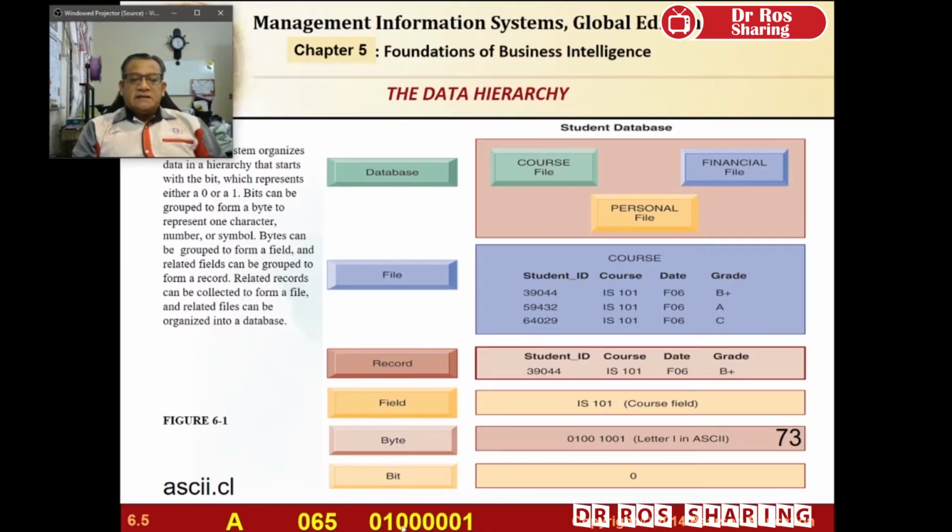It is representing A in human language, but in decimal system, it is represented by 065. So basically, computer are keeping a single character with these 8 bits of information of zeros and ones. So these are how the computer keeping the data for the database.